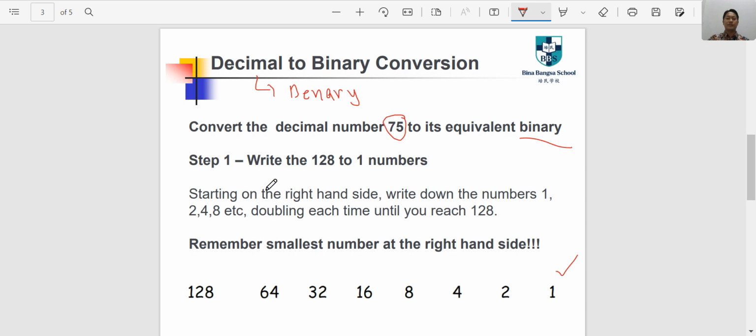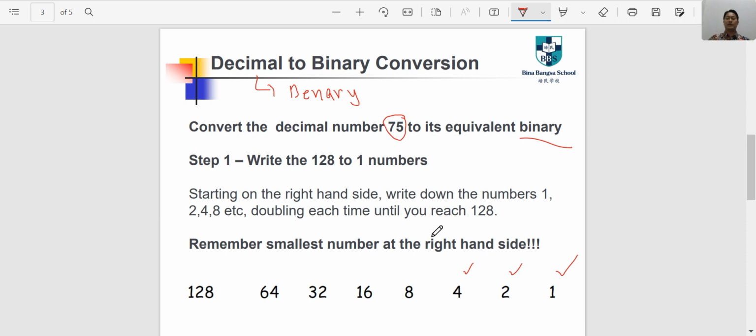So starting on the right hand side, write down 1, 2, 4, 8, etc., doubling each time until you reach 128. For example, we have 1, then 2, then 2 times 2, which is equivalent to 4, then 2 times 2 times 2, and so on.